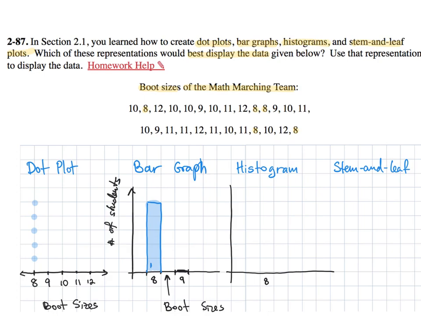So 8 through 9 will be above here, and then they're going to be next to each other. From here to here, then from 10 to 11, and then from 11 to 12. Let me make it a little larger and space it out so I can write better.